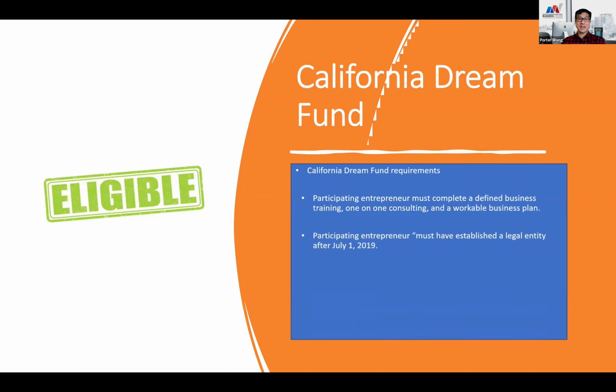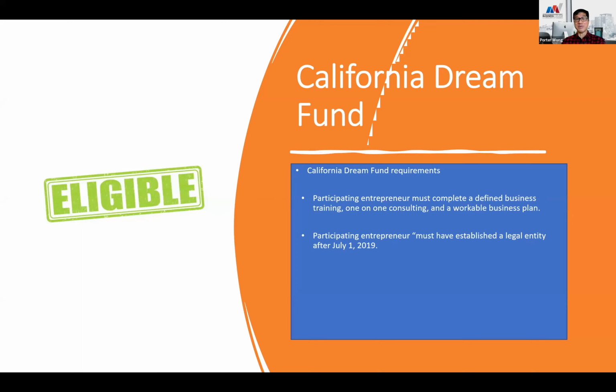And the business itself has to be established as a legal entity after July 1st, 2019. So if your business started before that, you will not be qualified. Also, some people have started several businesses that might do different things but are under the same owner.